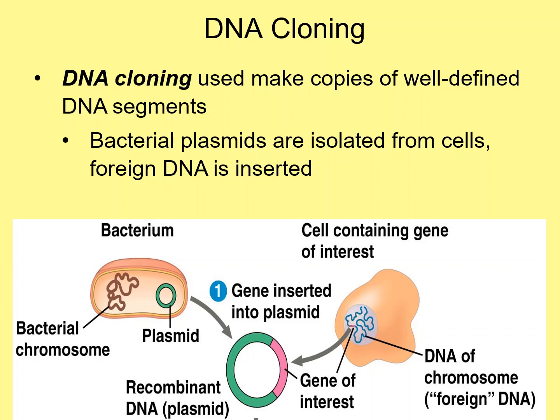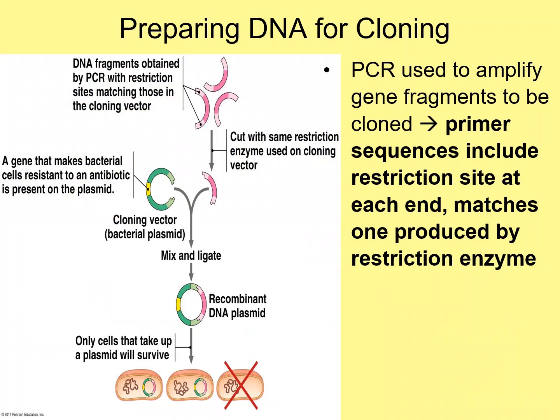Every time they copy themselves, they are copying the gene that you're interested in, and you're making sure that it's copied correctly, because again, they have all of those spell check enzymes. So the first step in this process, of course, is going to be isolating the DNA that you actually want to replicate.